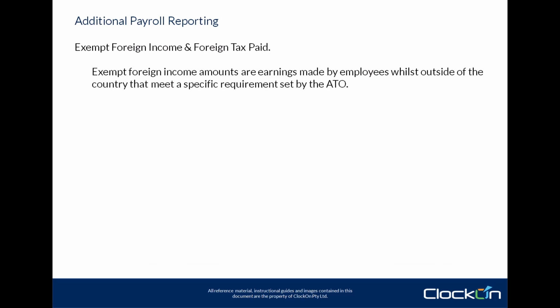Right, so now we move on to the exempt foreign income and foreign tax paid fields. Exempt foreign income amounts are earnings that the employee made whilst they're outside the country that meet the specific requirements as set by the ATO. If you're not sure what those requirements are, you might need to contact the ATO or view their documentation. Foreign tax paid is the tax already paid within another country.